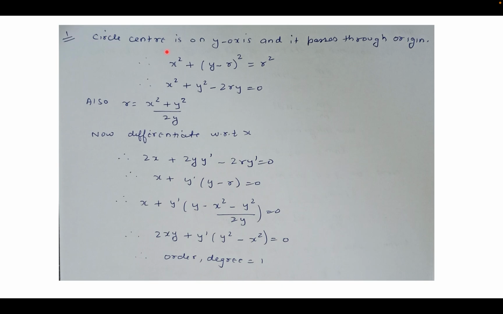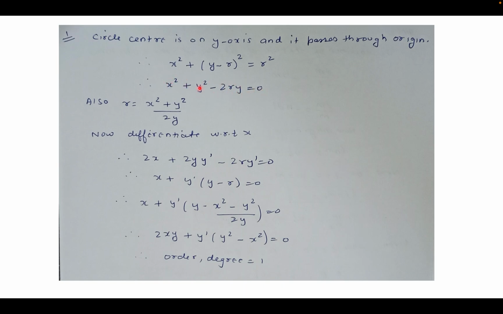First, you write the equation of the circle which has a radius r and its center on the y-axis. So basically you have x square plus (y minus r) whole square is equal to r square. This is the equation of a circle that passes through the origin and its center lies on the y-axis. Expanding this equation, you can write x square plus y square minus 2yr is equal to 0.